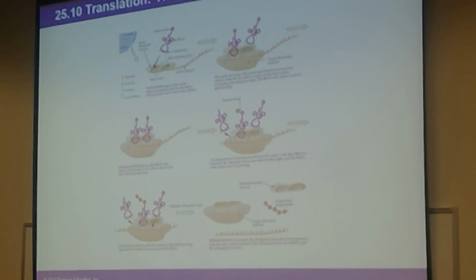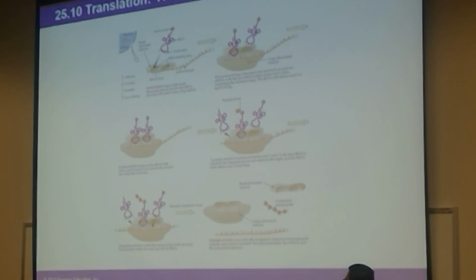And then the tRNA that pairs with the start codon, which is always AUG, that is the anticodon UAC, will come and sit here because they are complementary, and it will sit on the very first codon at the 5' end of the mRNA.